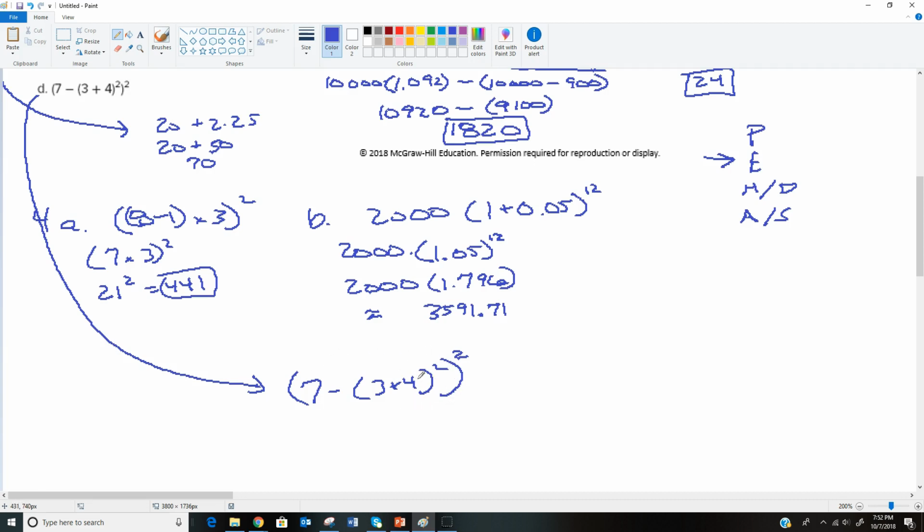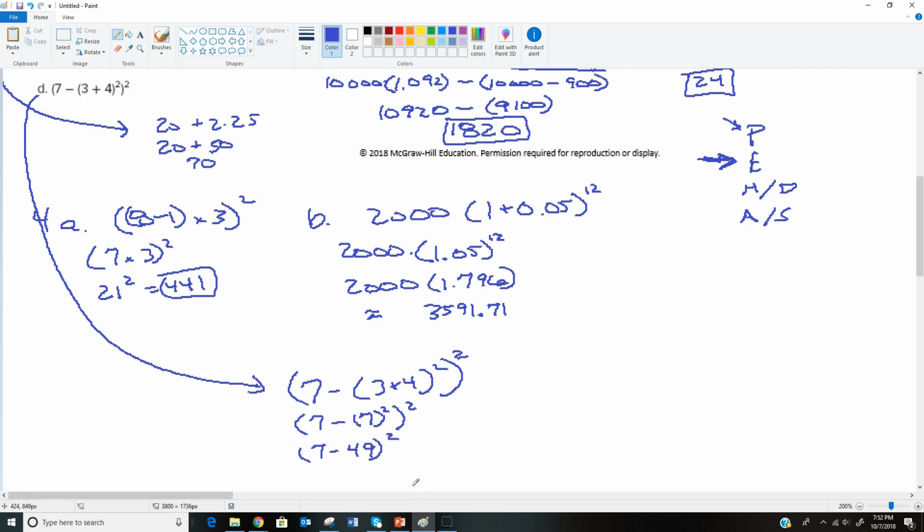And inside this parentheses, I'm still going to follow order of operations, which means I'm going to do parentheses first. So 7 minus 7 squared. Now that's not going to become 0 because I'm not going to do the subtraction first. I'm going to do the exponent first. That's what order of operations says. So I'm going to do 7 minus 7 squared is 49.